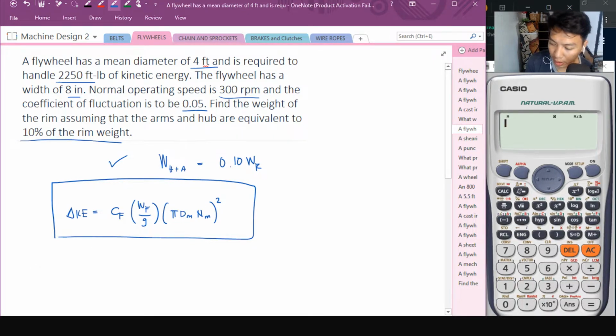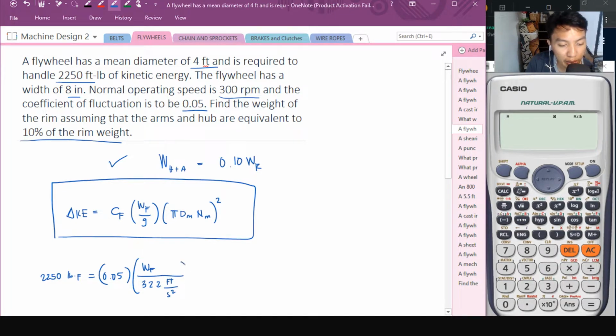So, KE. Normal operating speed is 300. Okay. So, 2,250 pound-foot is equal to yung coefficient of fluctuation, 0.05. You multiply it with the weight ng flywheel divided by g. Ang g mo dyan is 32.2 feet per second squared.